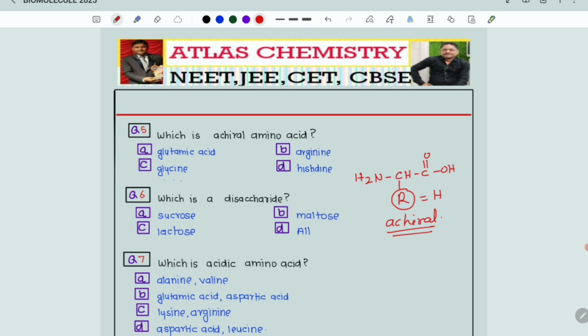And in glycine, there is an H in place of R. So glycine will be the correct option for this question. So option C is the correct option.